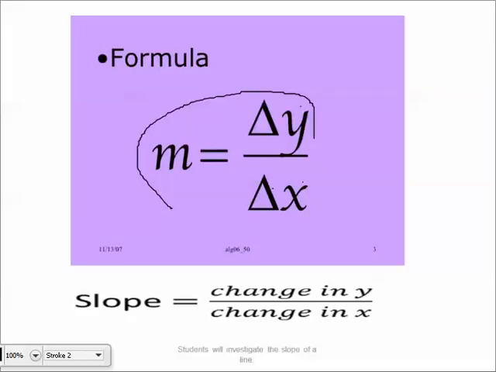As you go forward in mathematics, you're going to see this more than you're going to see the slope formula. Why? Because this represents the slope of a line. And remember, I've told you before, mathematicians are a lazy sort. We don't like writing much, and this delta x and delta y helps us write it in a little bit of an abbreviated form. Okay?